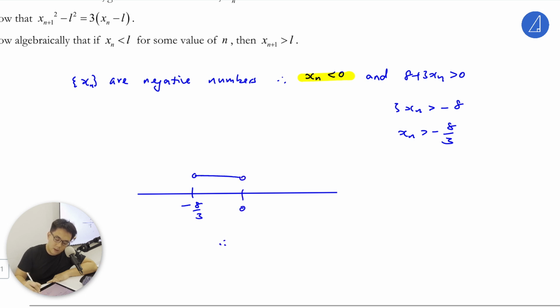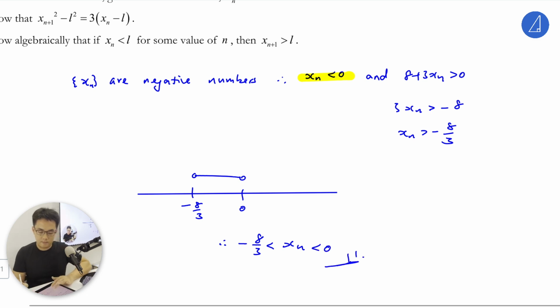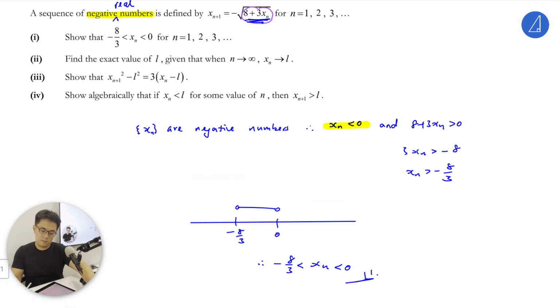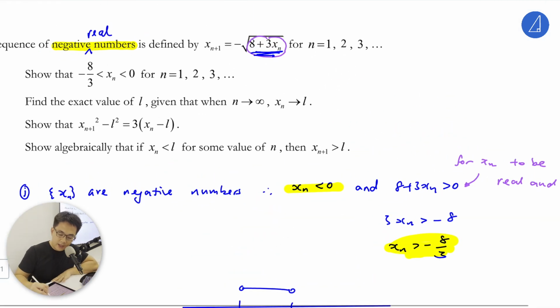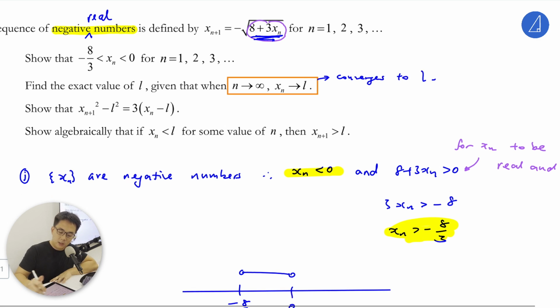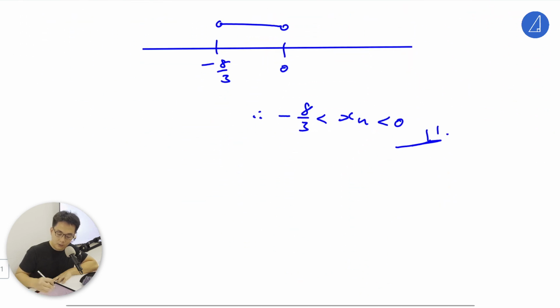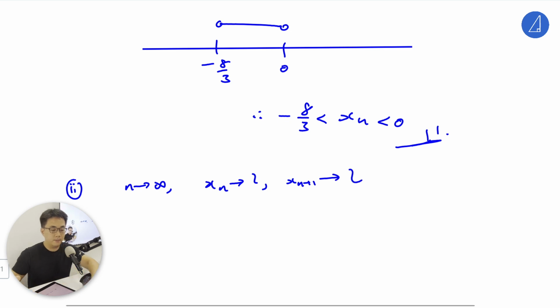So hence, this means that each term, as n goes to super big, all the terms will converge to L. So essentially, part 2, as n goes to infinity, xn goes to L, xn plus 1 goes to L as well.